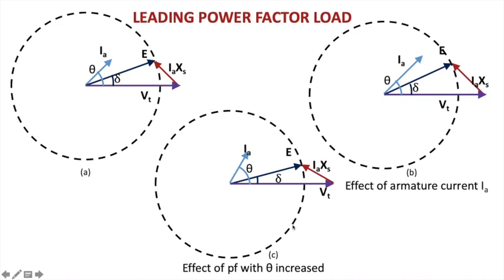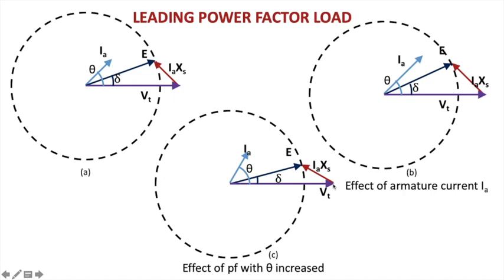Now the effect of the power factor: with theta increased, the power factor has been increased, the current is leading, the magnitude is the same, but the power factor has been increased. So when you increase the power factor, the del angle reduces, but the magnitude Vt is still more.